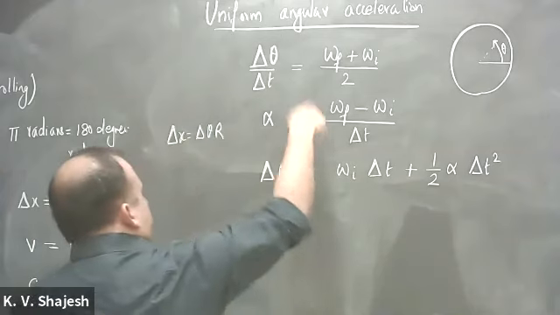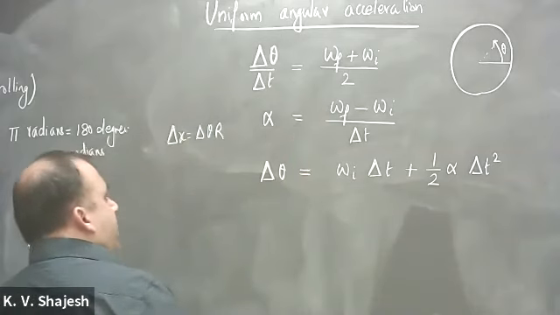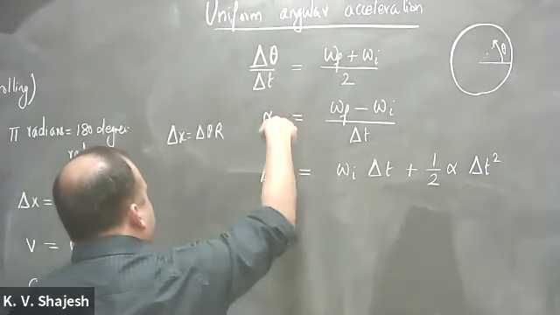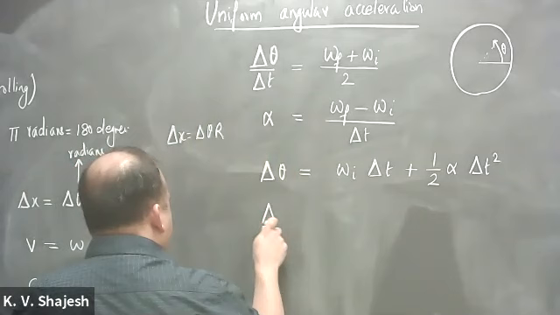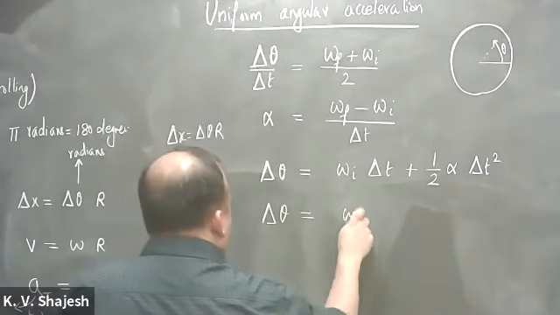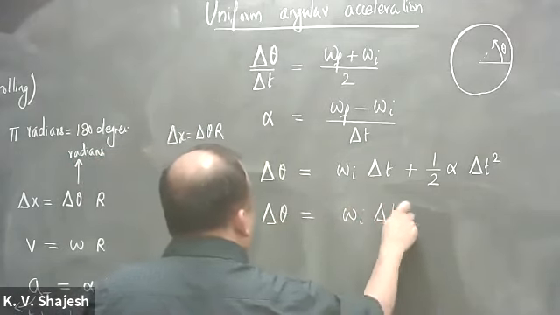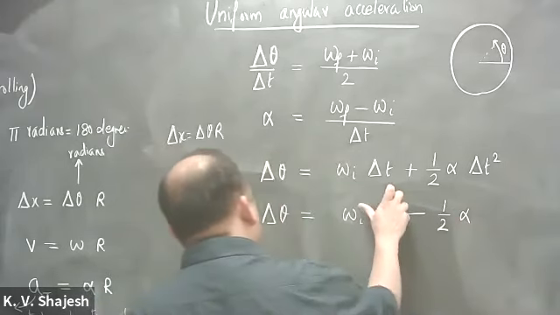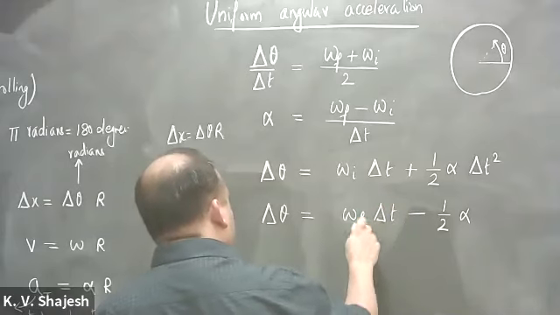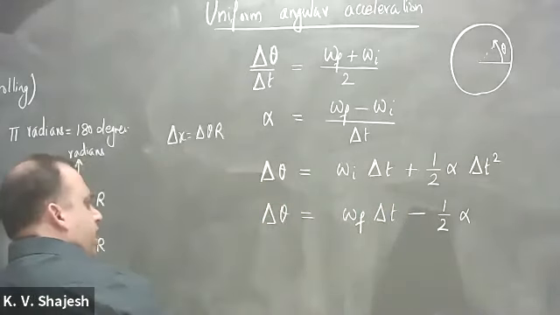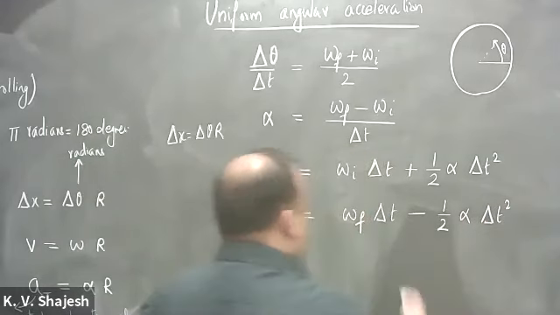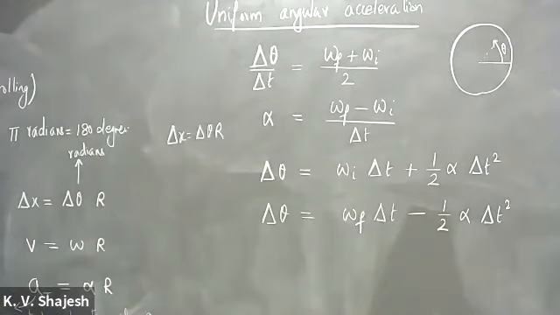This is what we get if we subtract the two quantities. If you were to add the first and second equation, you get omega initial delta t minus half alpha delta t squared, omega final, right? So this is when you subtract. If you were to add, you get omega final, and there is a change in the sign. So that is minus half alpha delta t squared.